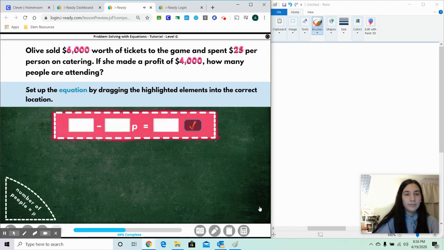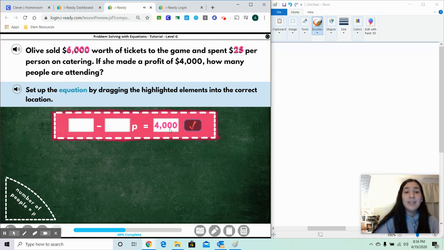Set up the equation by dragging the highlighted elements into the correct location. Okay, now the key thing to think here, it says the profit was the end result. So the profit is going to be our total. Right here it says that she made a profit of $4,000.